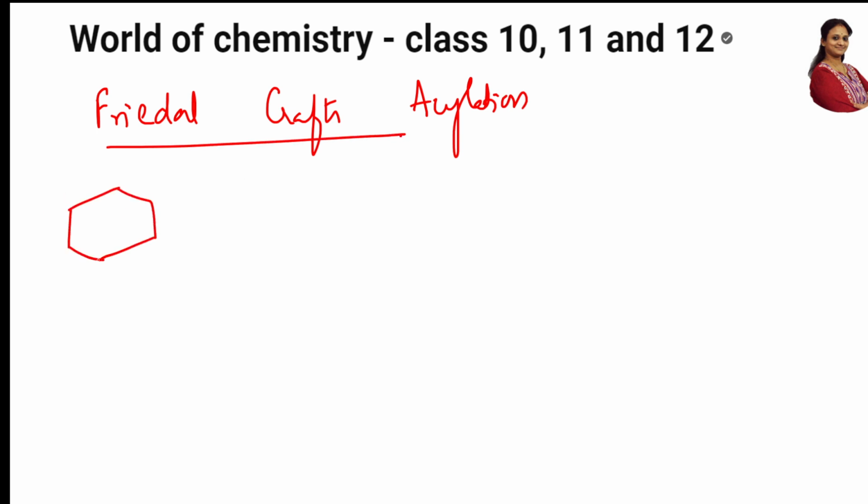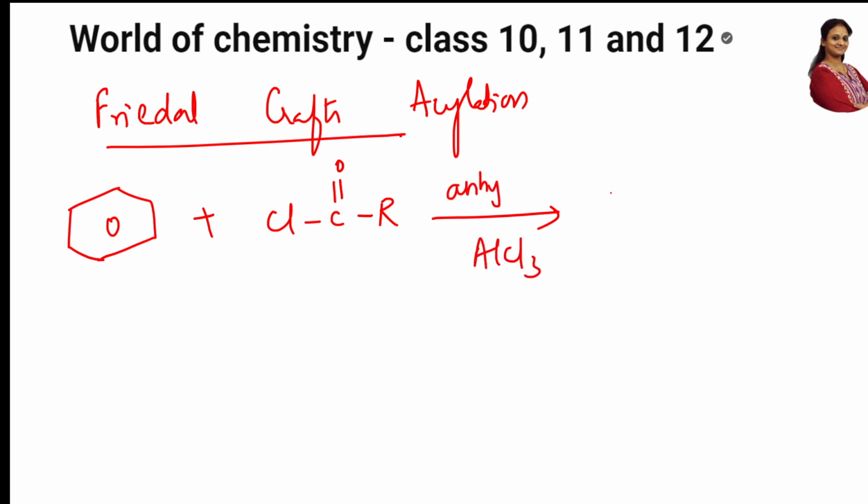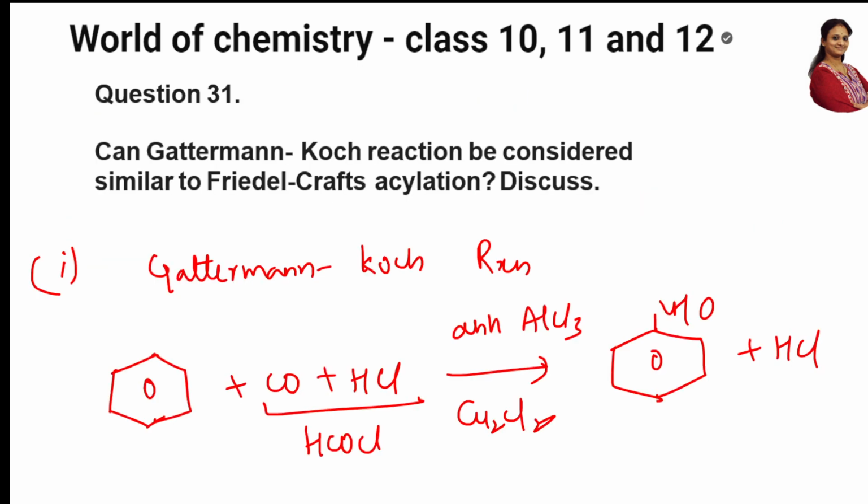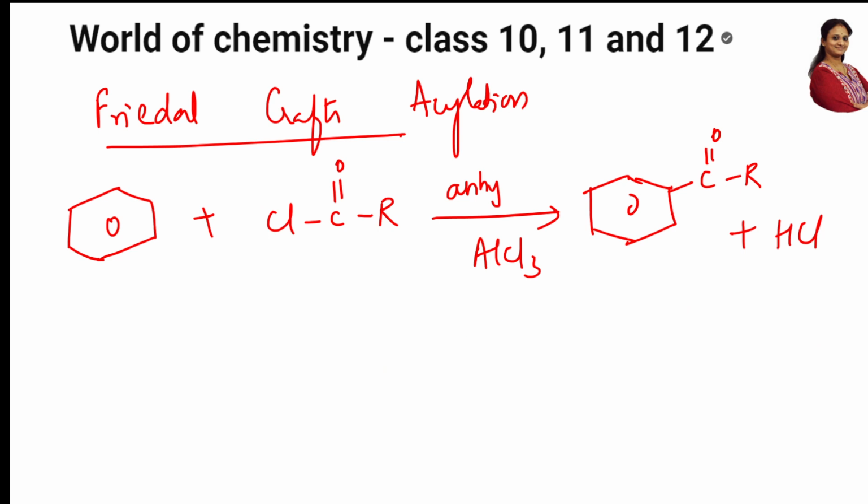This benzene ring, your acyl group. You're taking anhydrous AlCl3, double bond O, acylation, and HCl. So first of all, they're asking me, can it be considered similar, since both are the same or not?